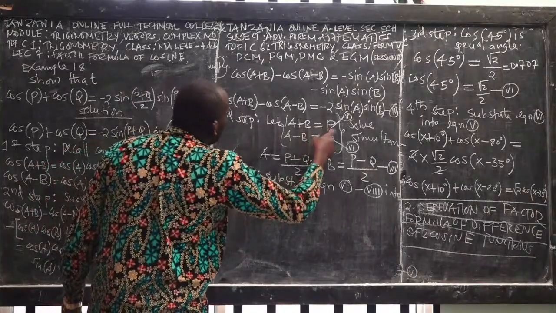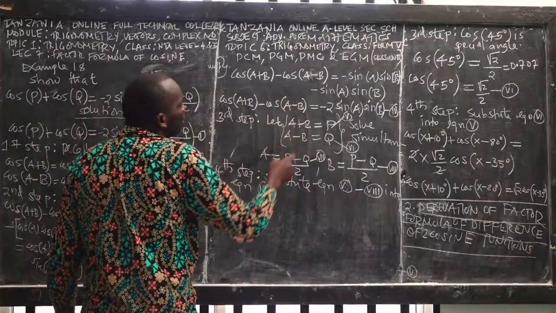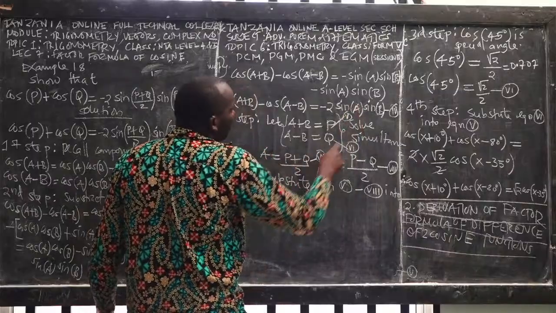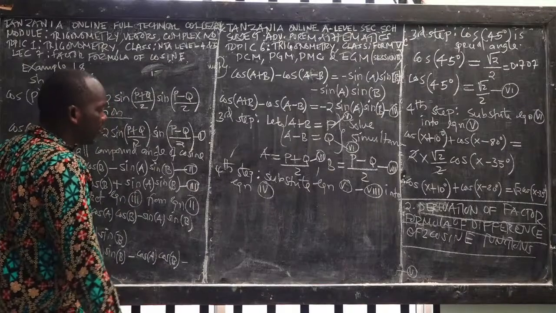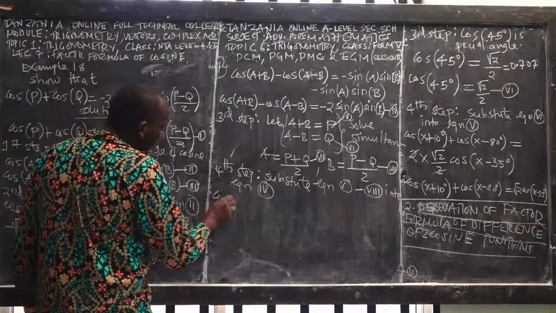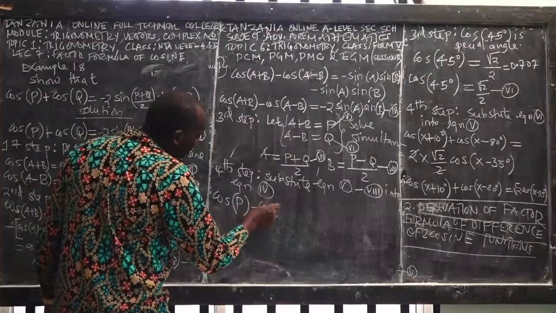Substitute the value of A plus B, the value of A minus B, the value of A, and the value of B. Kwa hiyo hicho ndo tunachotakiwa tufanye. On left hand side we are going to have cosine of P, then minus cosine of Q.